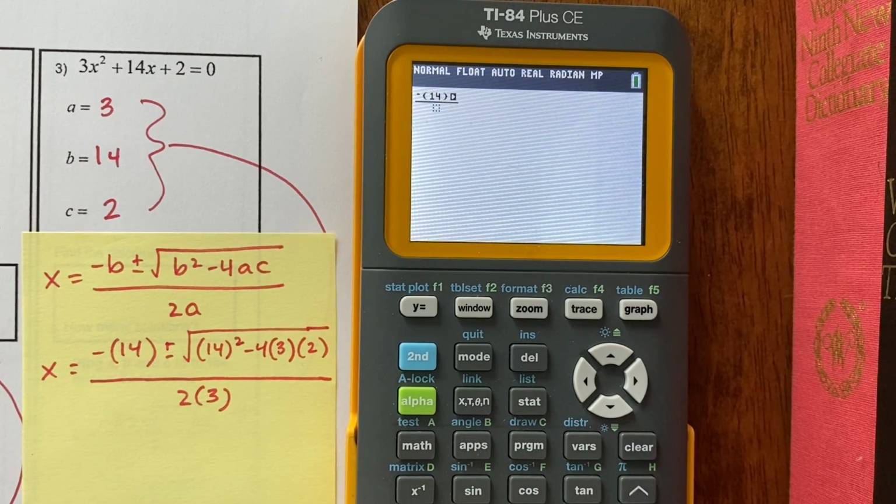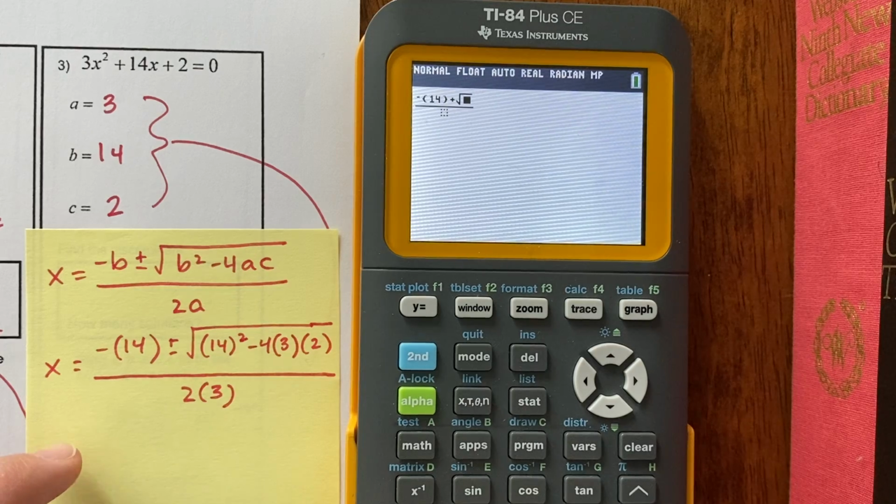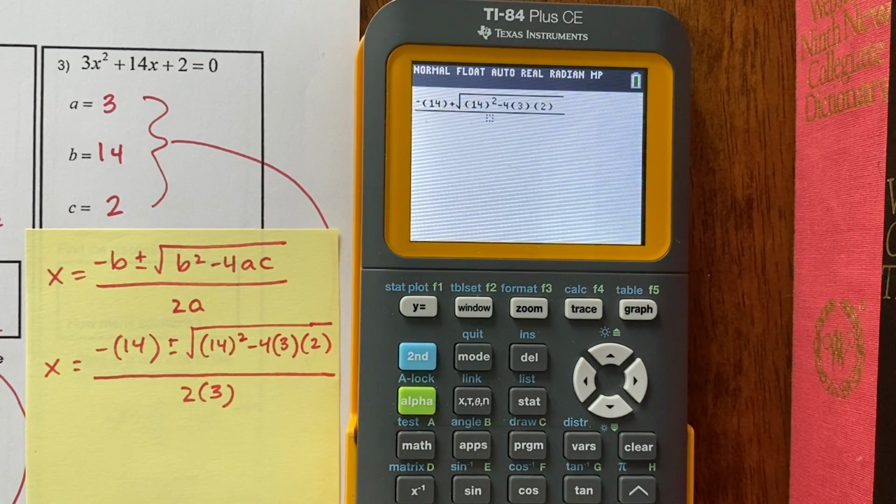We're going to do the plus first. So plus square root, so second x squared of, in parentheses, 14 squared minus 4 times 3 in parentheses, by the way, and then 2 in parentheses. And I don't do the times symbol in here at all. I just do the parentheses. And again, that's really just because if there's negatives, it's a better idea to have those.